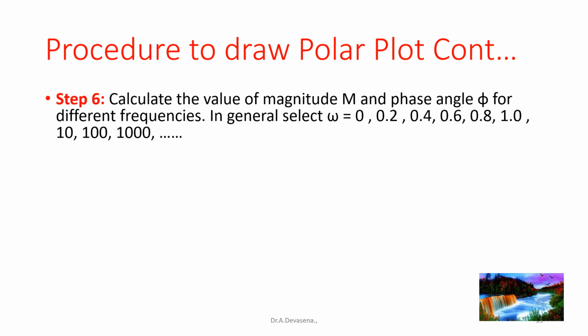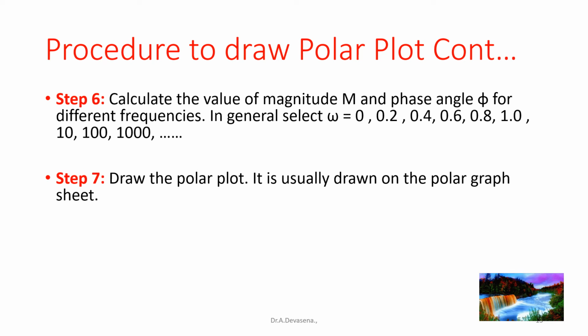Step 6. Calculate the value of magnitude M and phase angle phi for different frequencies. In general, we have to select the value of frequency omega as 0, 0.2, 0.4, 0.6, 0.8, 1.0, and it goes on as 10, 100, 1000. Step 7.